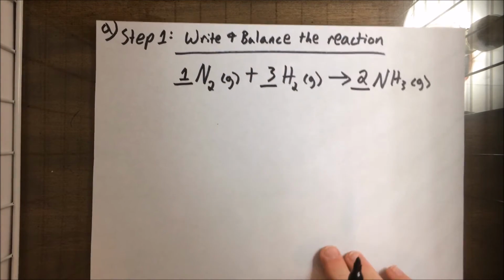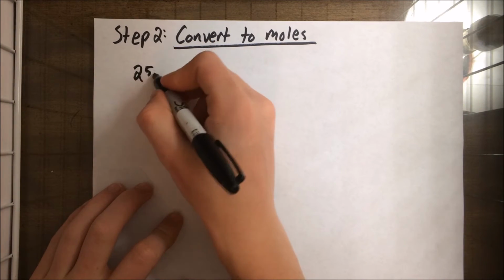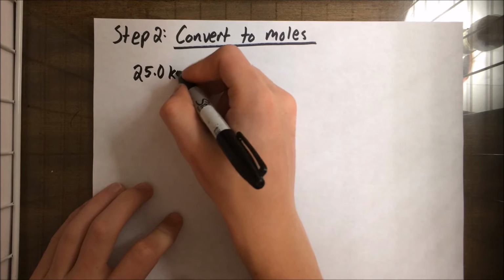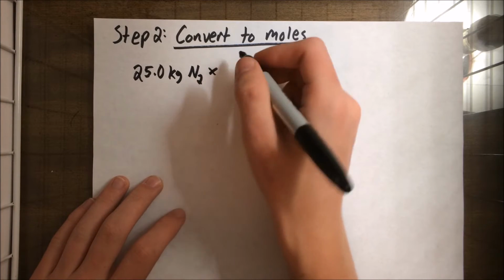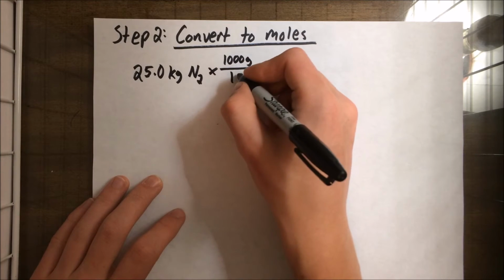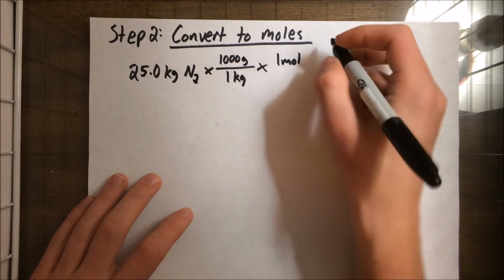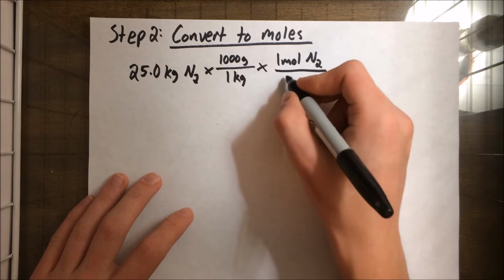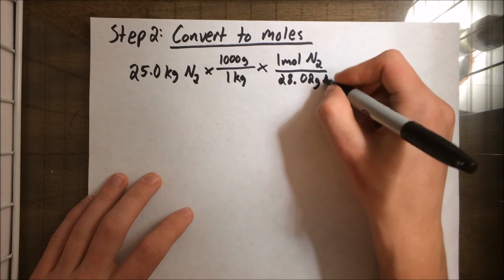Then step 2 is to convert to moles. So we're going to take the 25.0 kilograms of N2 and multiply it by 1,000 grams per 1 kilogram, and multiply that by 1 mole of N2 over 28.02 grams of N2.